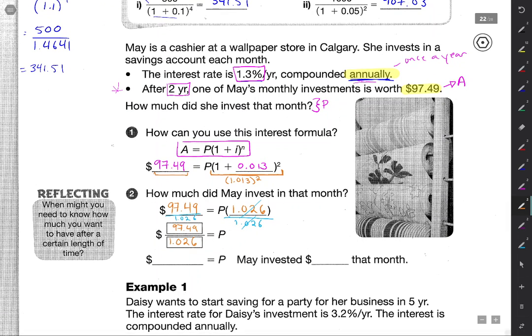And we're dividing because over in this step, it is multiplying with the P. So the opposite of multiplying is divide, and that's how it cancels it out. So then 97.49 divided by 1.026 is equal to $95.003. So not even 3 cents. So we'll just say May invested $95 that month. So that is her initial amount.